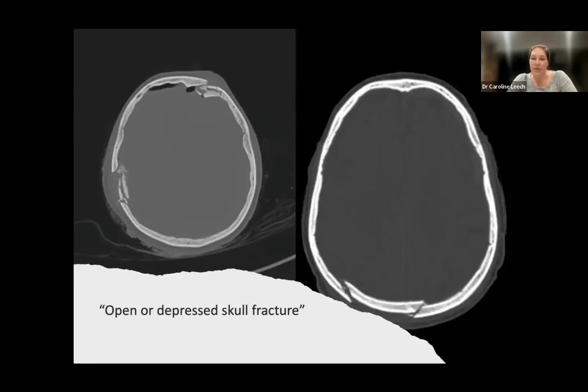So make sure that if you are diagnosing open or depressed skull fractures, you're using the correct descriptions, and you're not saying that someone's got an open skull fracture just because you can see the skull itself. And if somebody has got an open or depressed skull fracture, particularly depressed, you would potentially notice that they have a reduced Glasgow Coma scale. So these are obviously quite significant. The ones on the picture, these patients are not going to have a normal GCS.